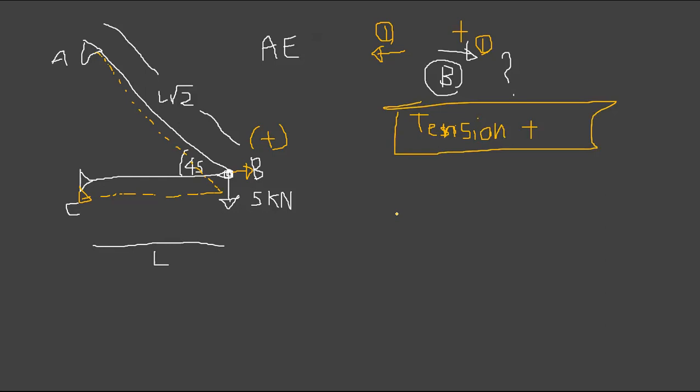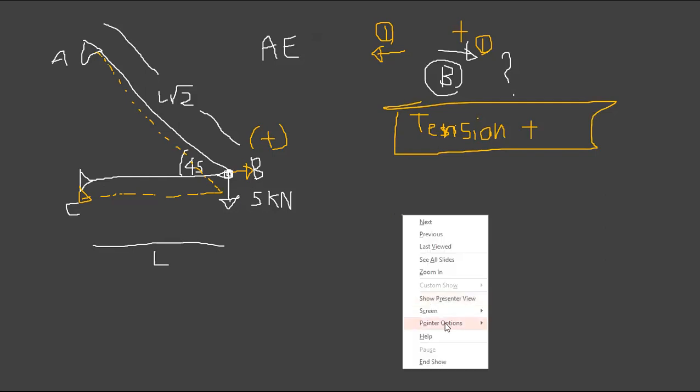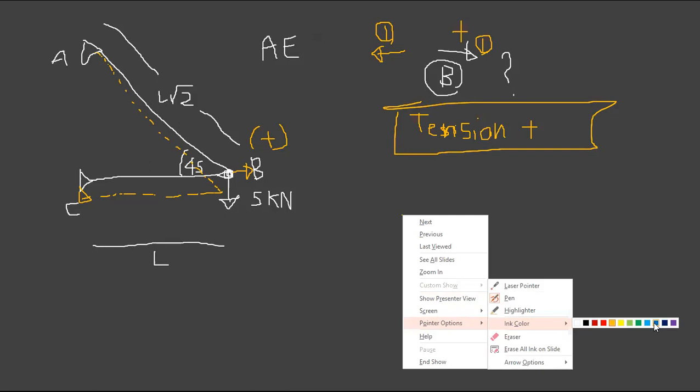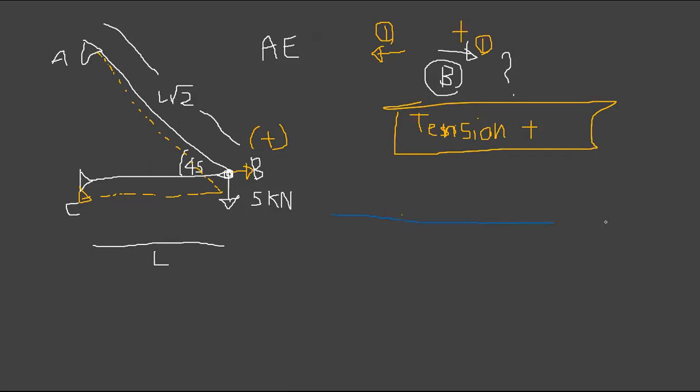Okay. So what you need to do is, first you need the member forces, right? First member AB, and BC. So for AB you can take the components in this way. Let's say F1 into cos 45.